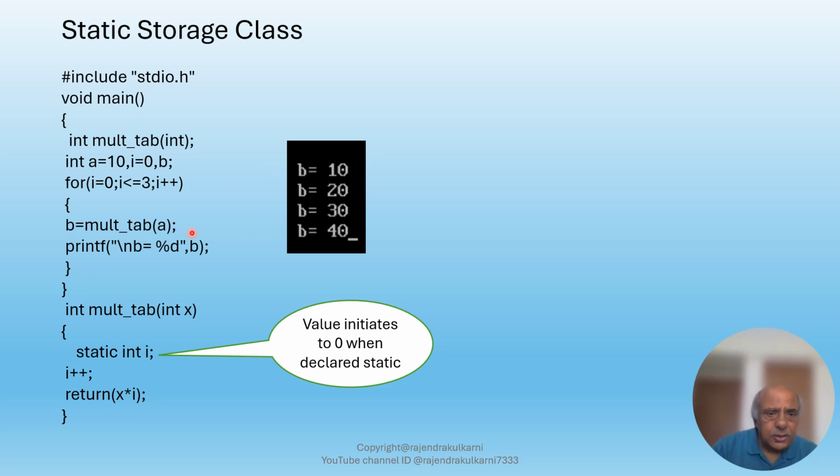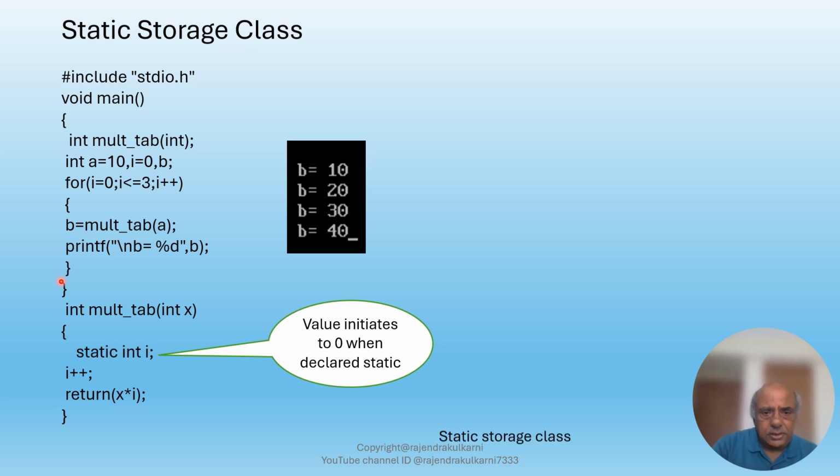In this way, in every iteration of the loop, we get a return value x multiplied by i, where i is incremented every time, and its value remains alive. This i variable is not dying when the program comes out of the function. When the function returns, i retains its value till main ends.